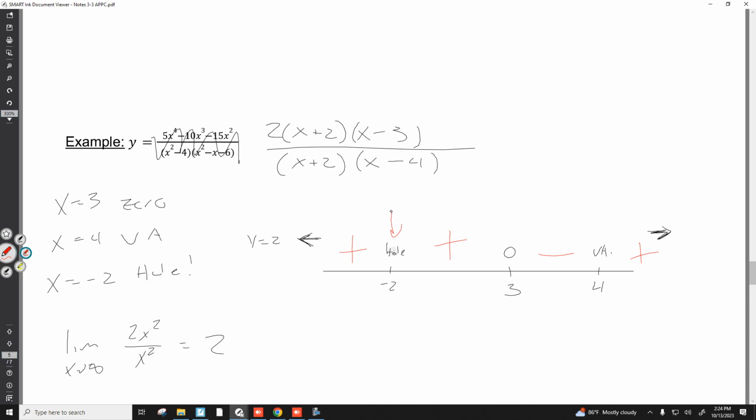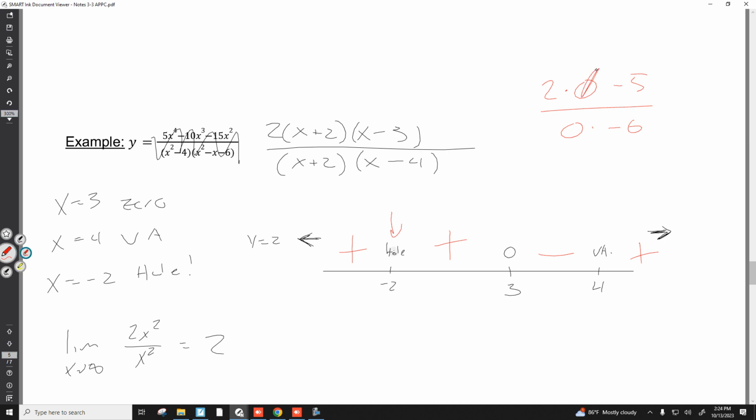Okay. One extra step is where is our hole's location? Find the hole's location, tell your neighbors. Where is its y location? -2, 2? If I plug in -2, I get -5 over 0 times -6.